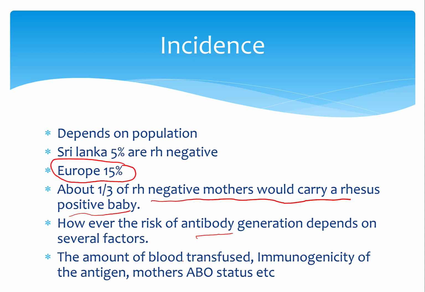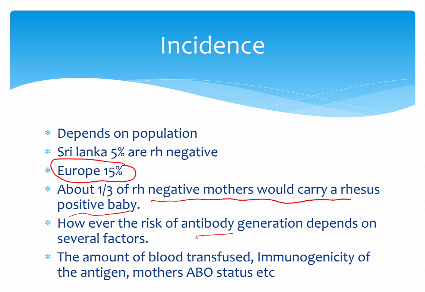The A negative mother will have antibodies against the B blood group, and if she is exposed to B positive blood cells, her system will slowly develop antibodies against Rh antigen as well, but that is a slow process.